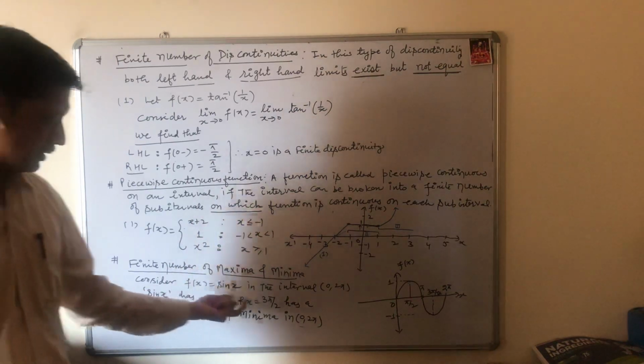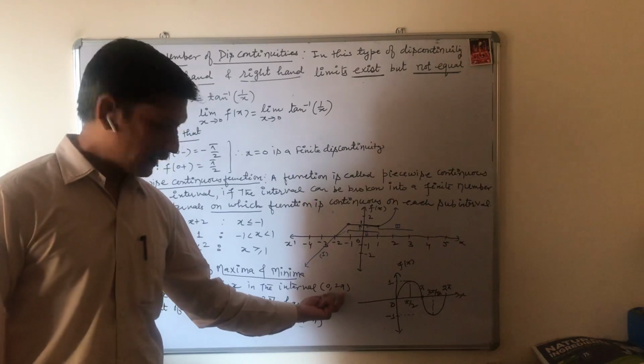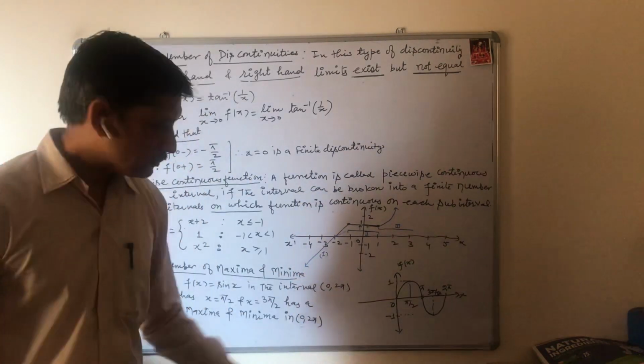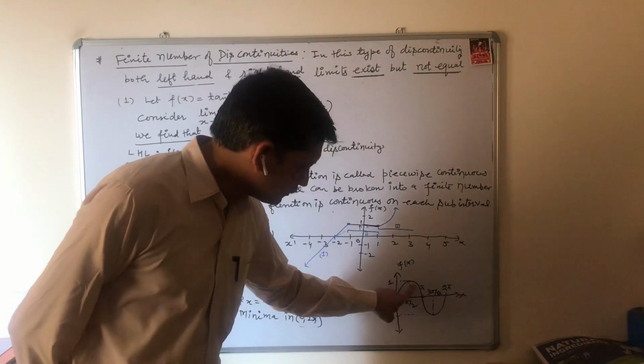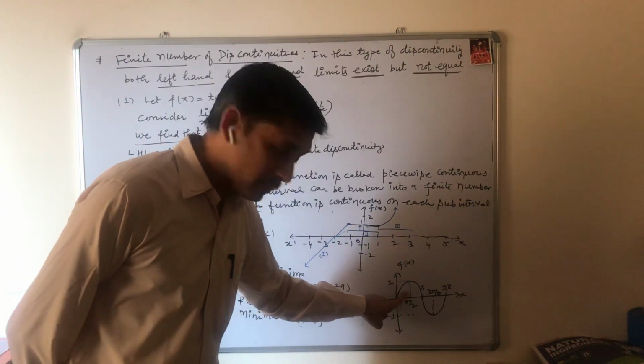If we draw its graph in the interval 0 to 2 pi, we can see that at pi by 2 it's at maximum value 1. It means pi by 2 is a point of maxima.